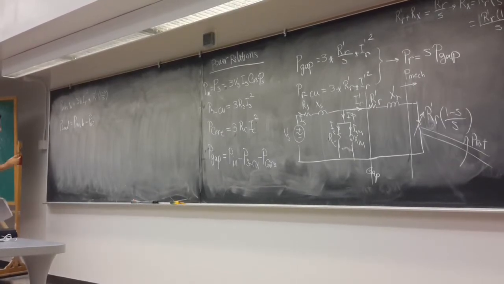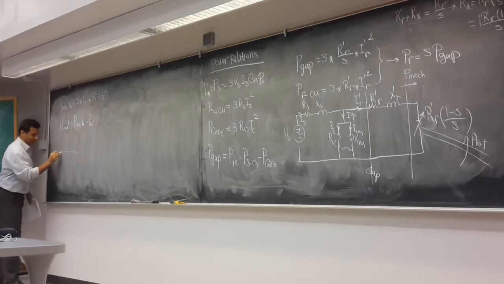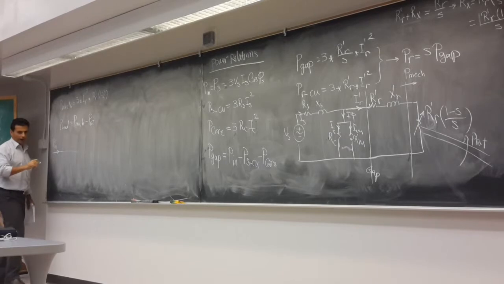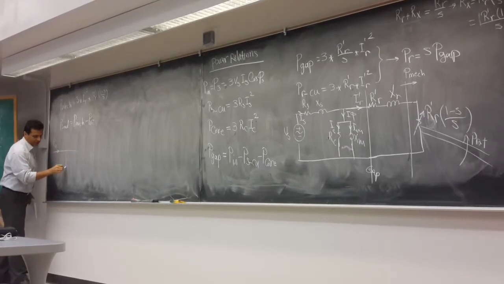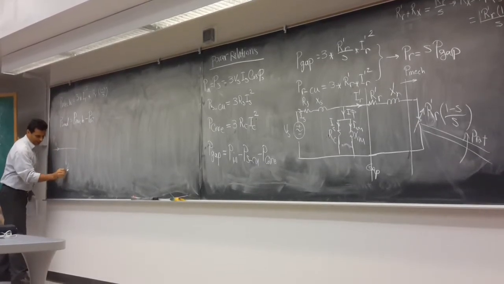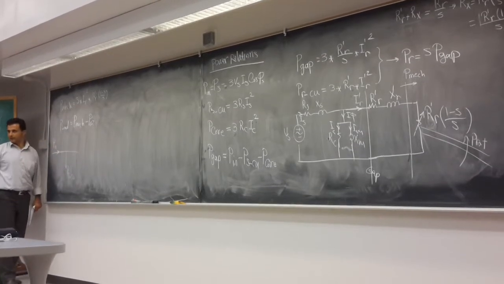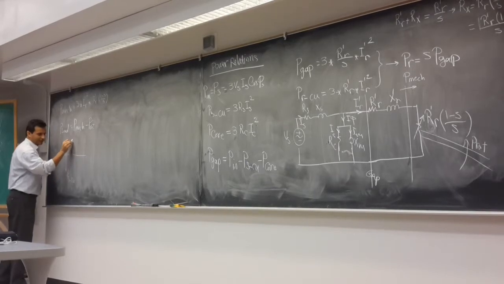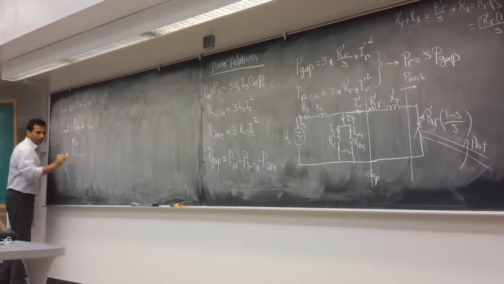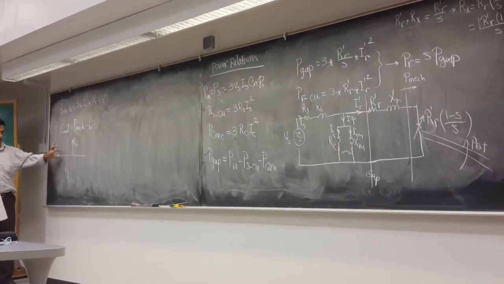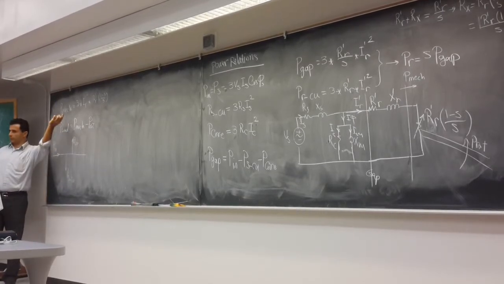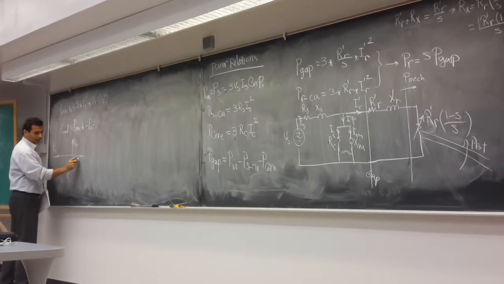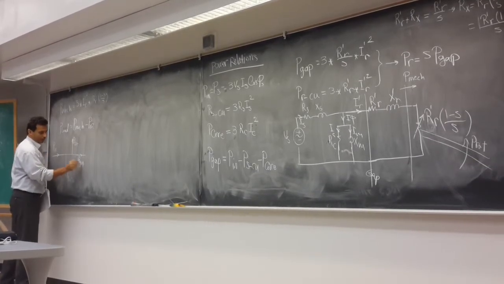Now let's draw the power diagram. We had a P in coming, or P in or PS, whatever you want to call it, right? What did it lose first? P stator copper, right? What did we lose next? P core, right? Basically, this one is coming in, part of it is going here, part of it is going there. What did we call this one? P gap, right?